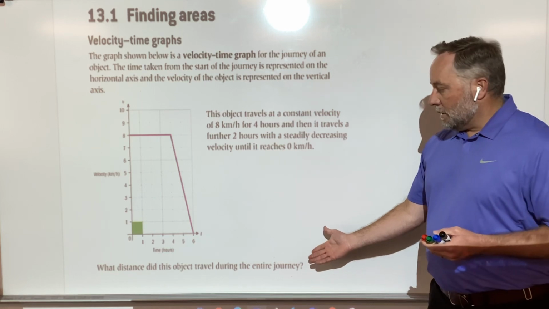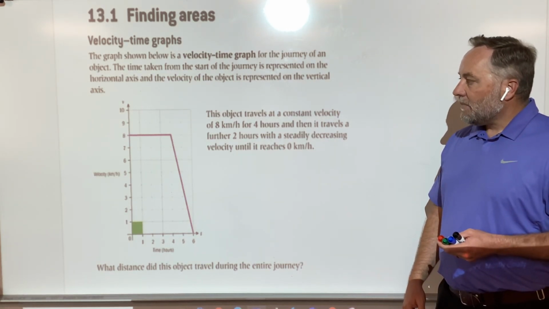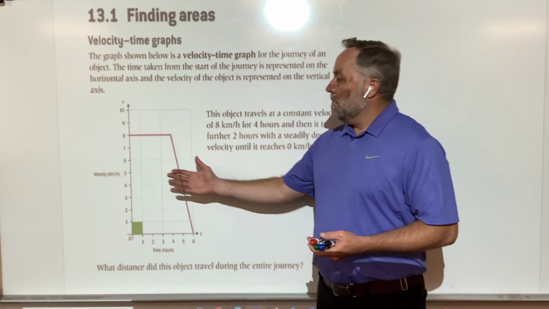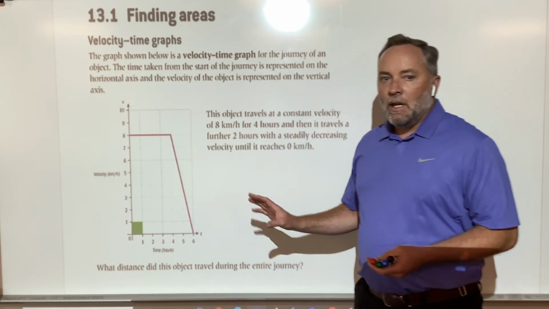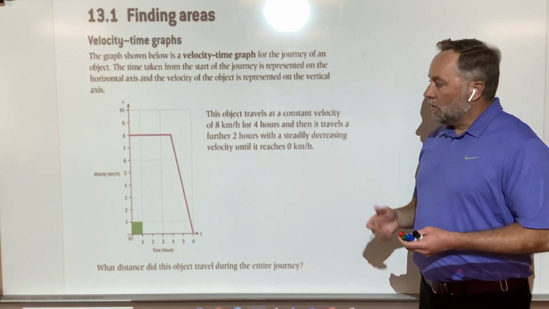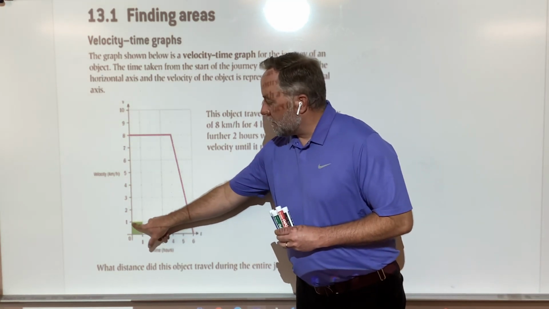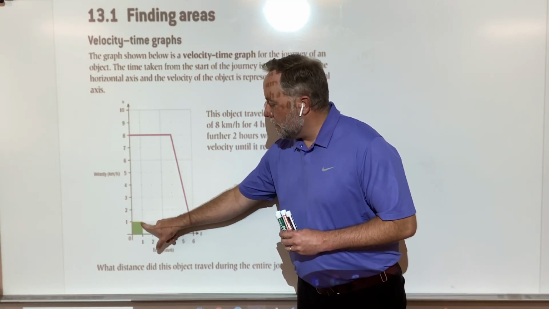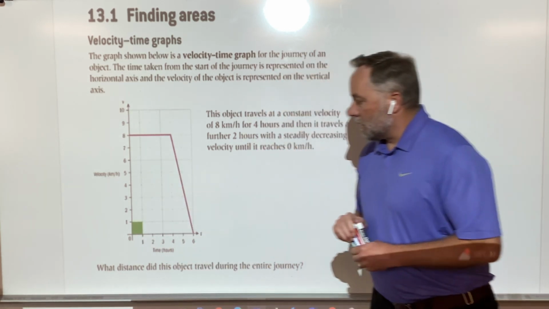And then the question is, what distance did this object travel during the entire journey? So if you think about it, if an object is traveling a certain velocity over a certain amount of time, that is going to give you the total distance that it travels. So this green shaded box right here is just a box of 1 unit by 1 unit. So that's 1 square kilometer in this case.